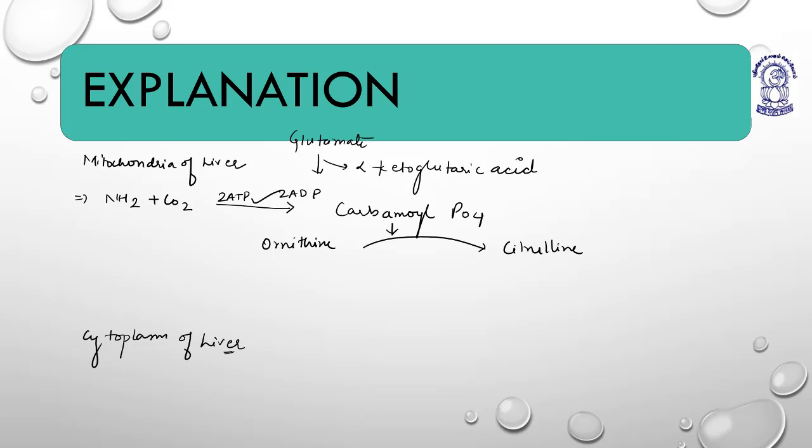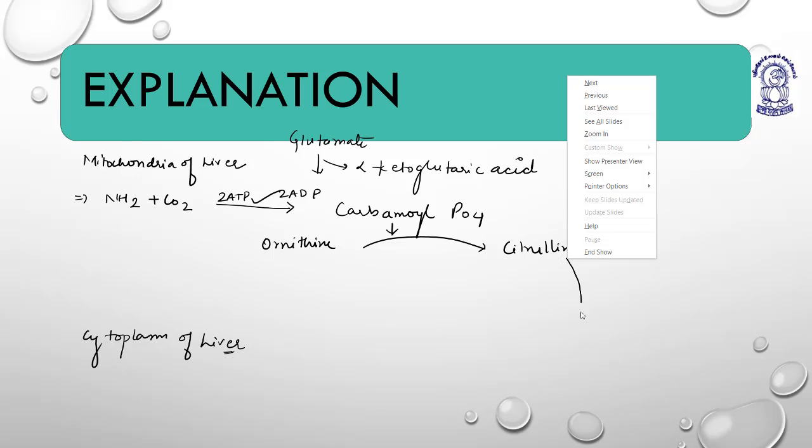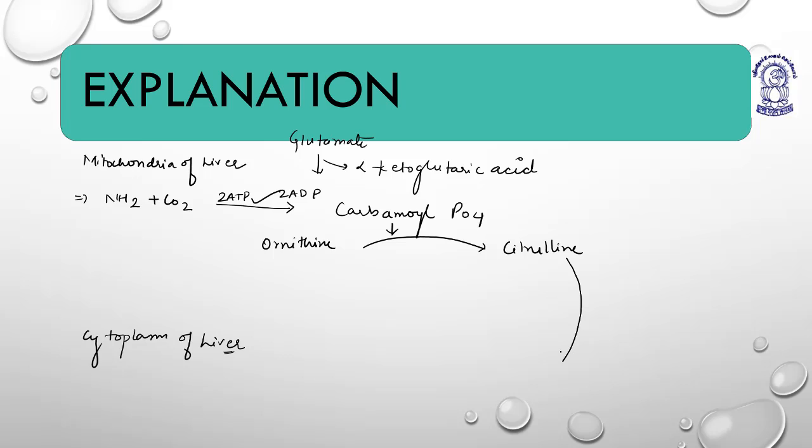Now this citrulline enters the hepatocyte cytoplasm. It comes outside the mitochondria to form arginosuccinate.